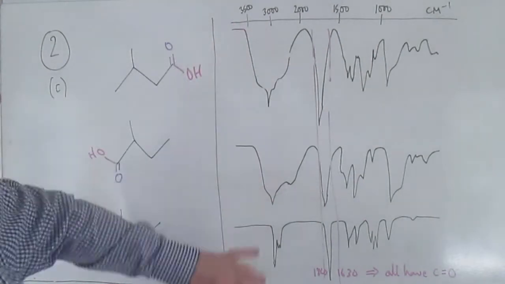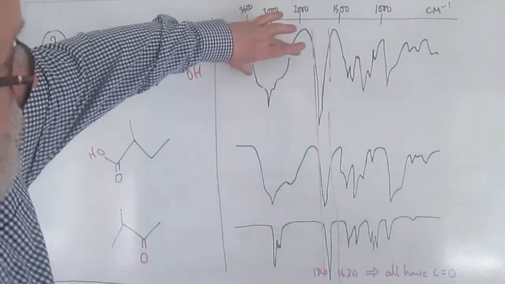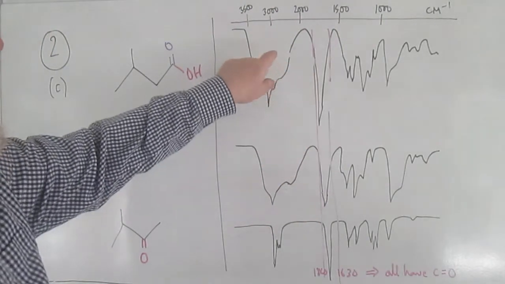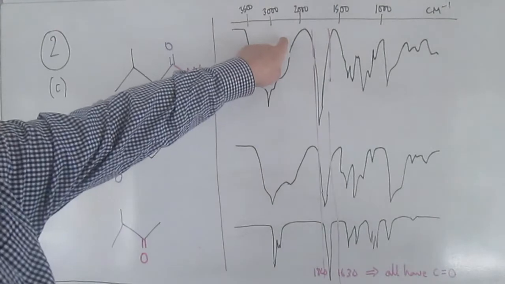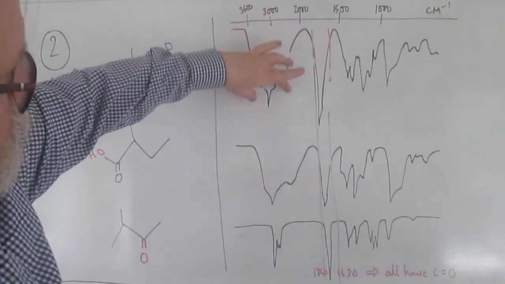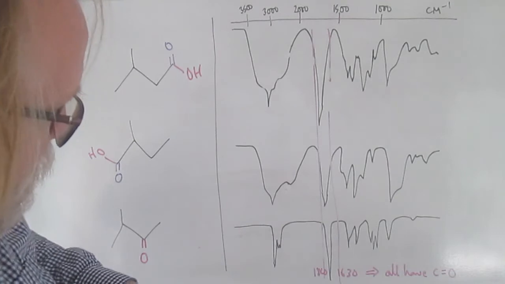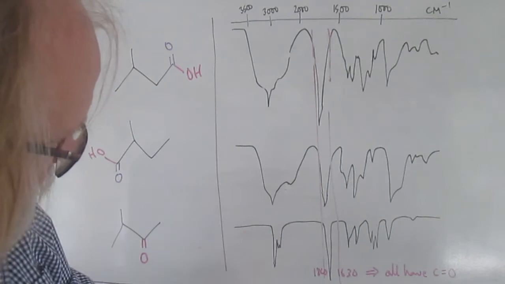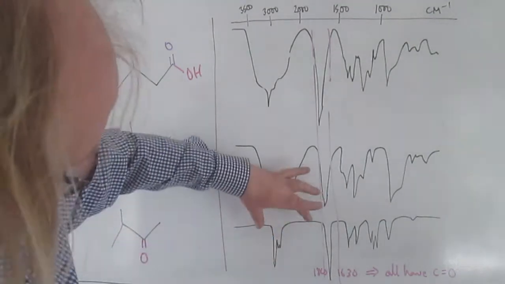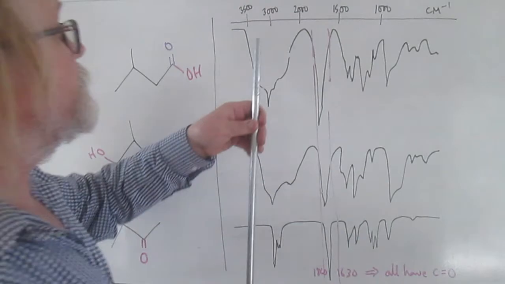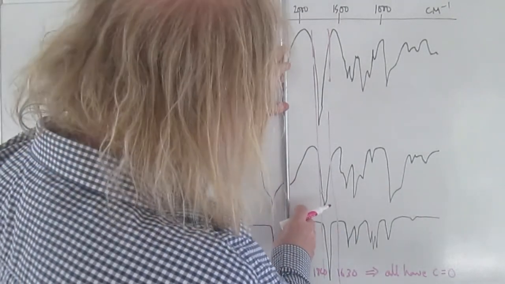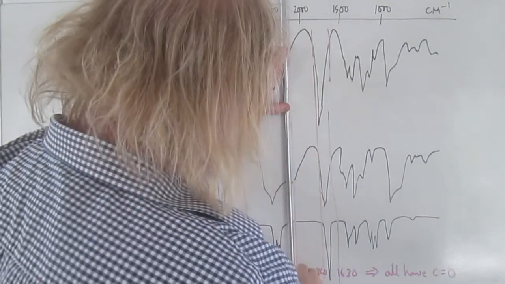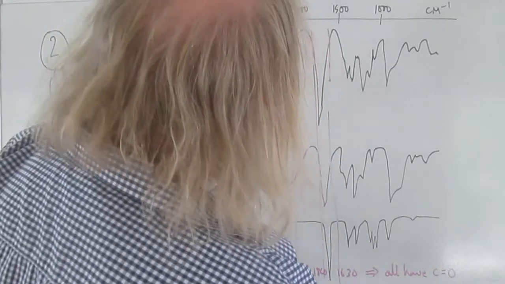And when you look at the three, it's immediately obvious that these two have this big, broad carboxylic acid peak. Carboxylic acid OH goes from 2,500 to 3,300. So it's a huge, broad peak. Whereas this spectrum obviously doesn't have that. It's got this sharp peak around 3,000, which is the CHs, but it doesn't have the broad OH peak. So again, mark it on. So you go to about 2,500 and say, right, there's that end of it.